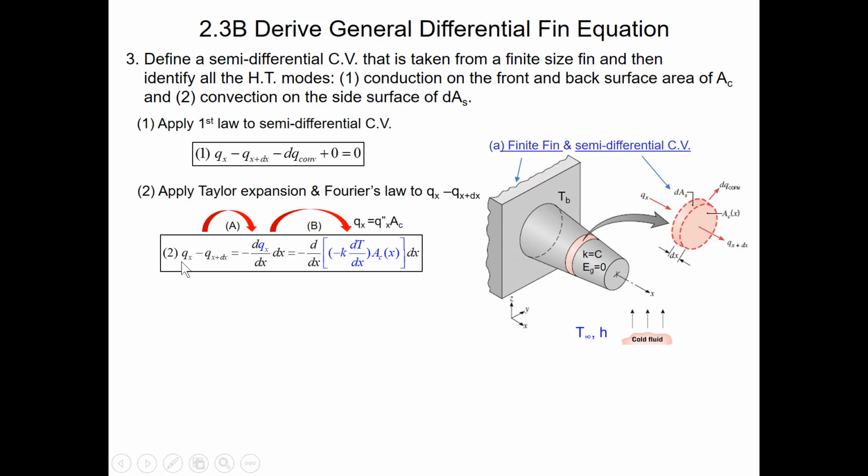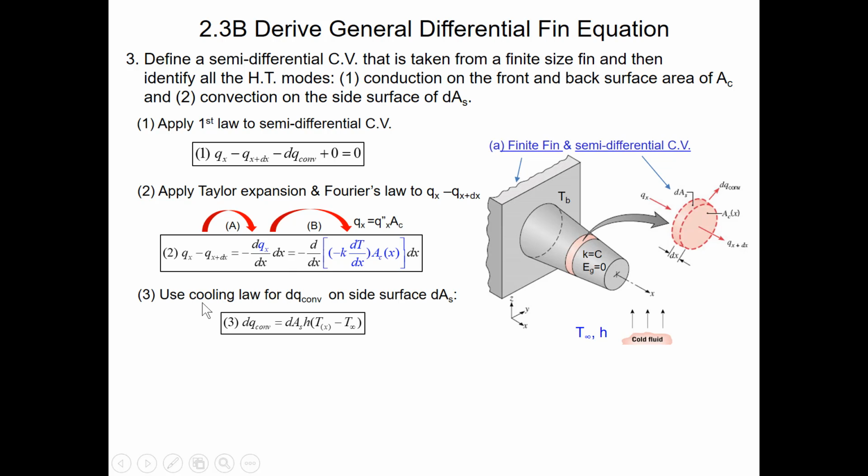A. The heat rate difference in x direction at the location x and the location x plus dx is represented by its derivative using Taylor series expansion. B. The heat rate Q sub x is the product of heat flux and surface area, where heat flux is represented by Fourier's law in x direction.